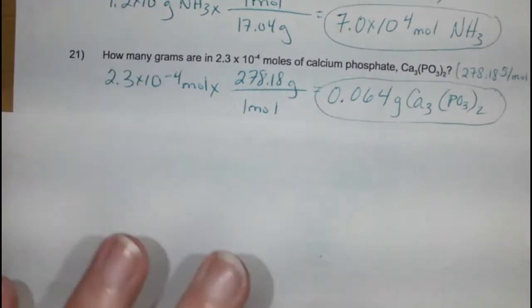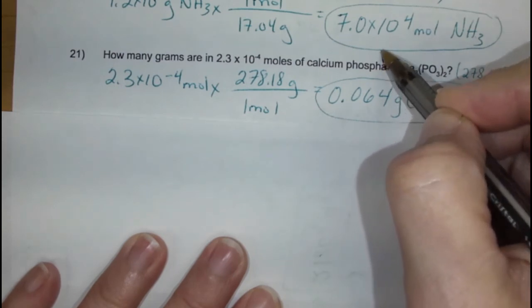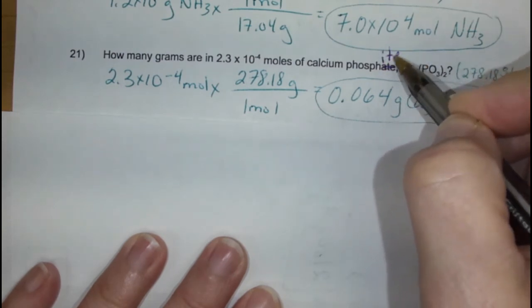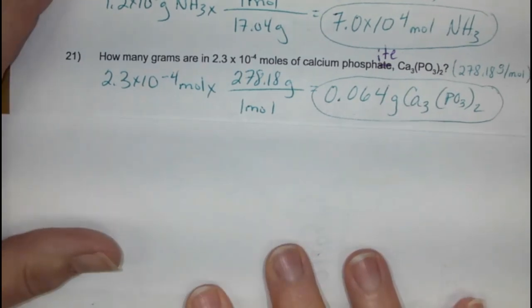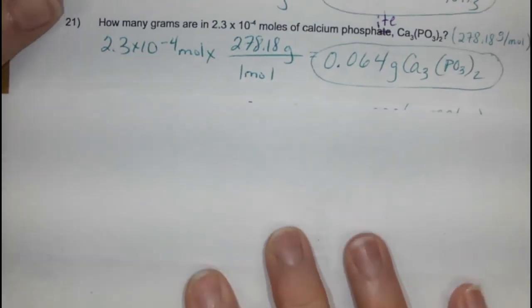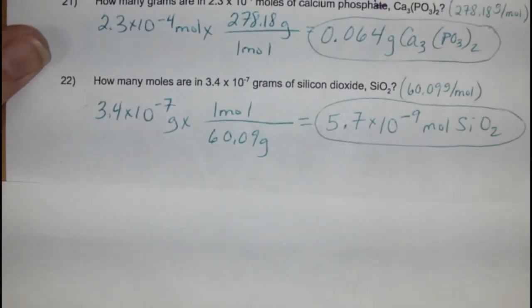That's not calcium phosphate. This is calcium phosphite. But I assume everybody did it using the formula there, but that's phosphite. 0.064. And the last one, 22, you should have gotten 5.7 times 10 to the negative 9th moles of silicon dioxide.